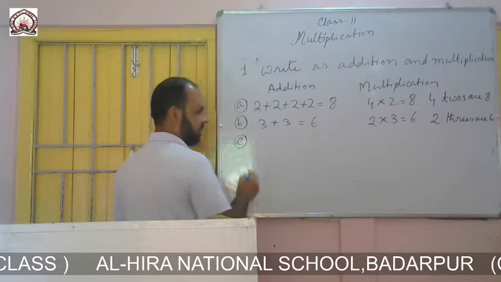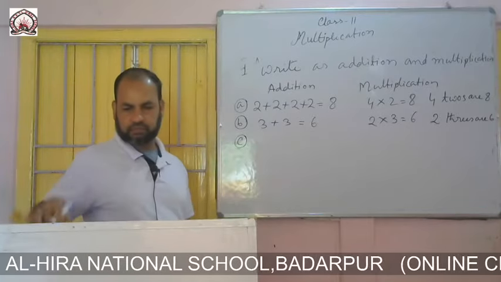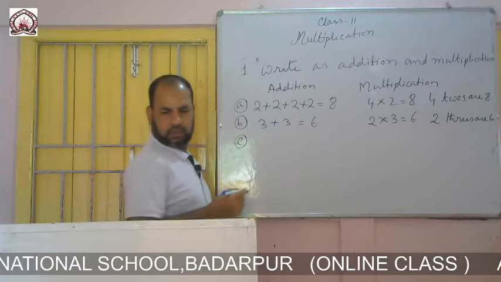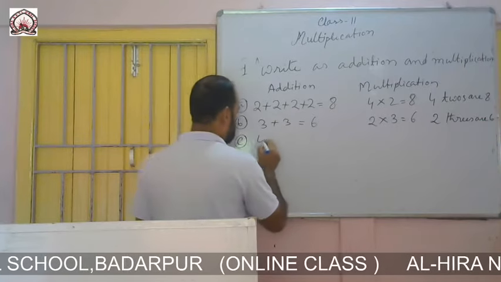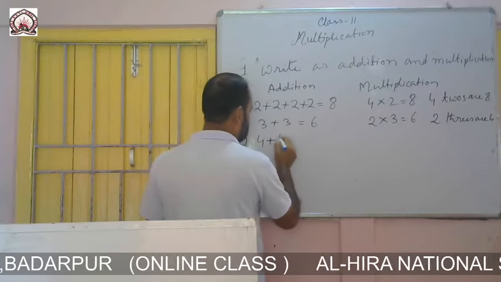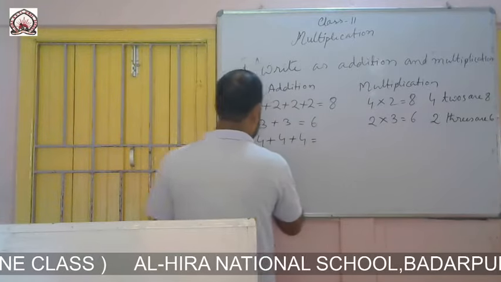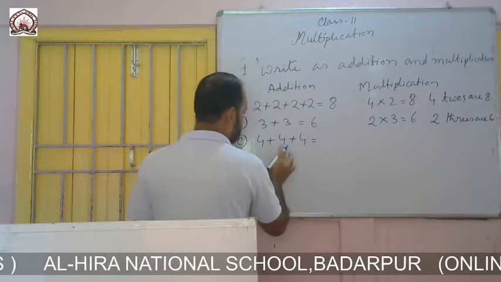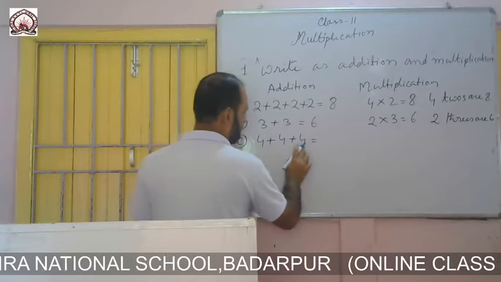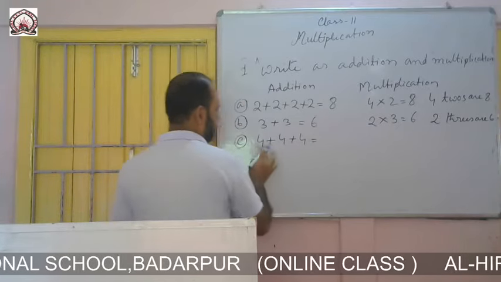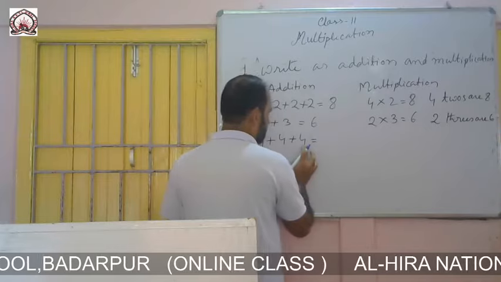Question number C. In addition, 4 plus 4 plus 4. So 4 plus 4 is 8, 8 plus 4 is 12.